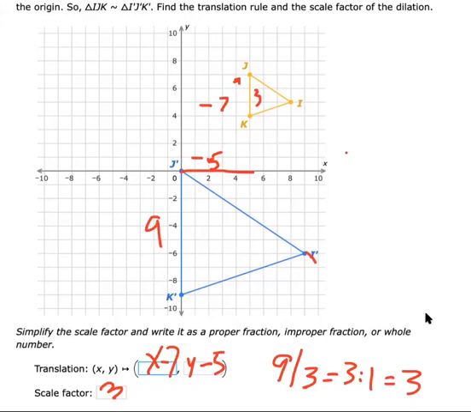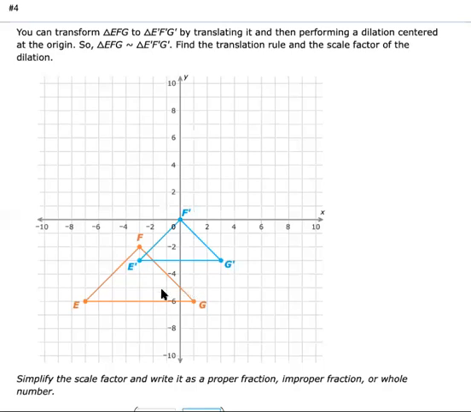All right, looking at this one, I'm finding F. I'm here, and I'm going to go to the image of F. So I'm going to go 1, 2, 3 spaces over. This would be 3. And then going up 1, 2.